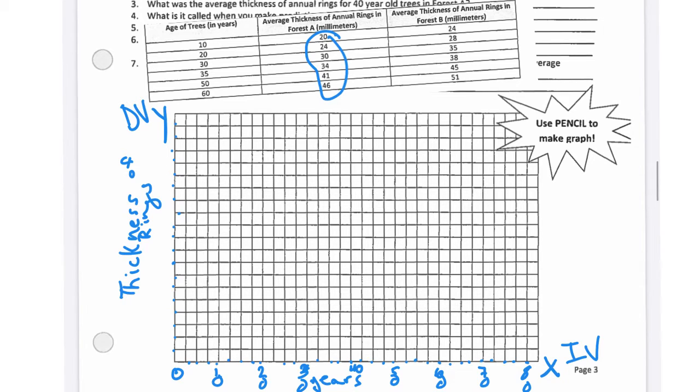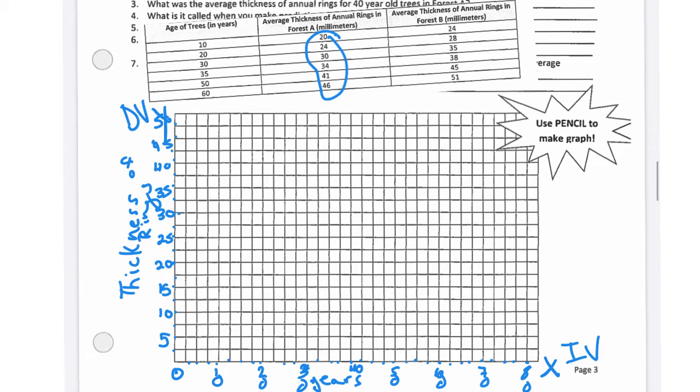Okay, so maybe counting by fives and skipping. So I'm going to say 5, 10, 15, 20, 25, 30, 35, 40, 45, 50. So 51 will just be a little bit off.